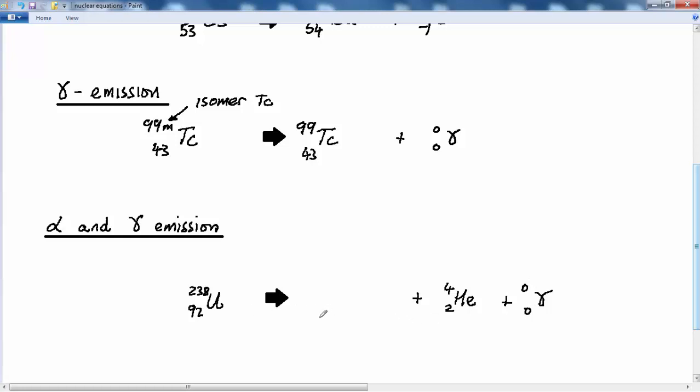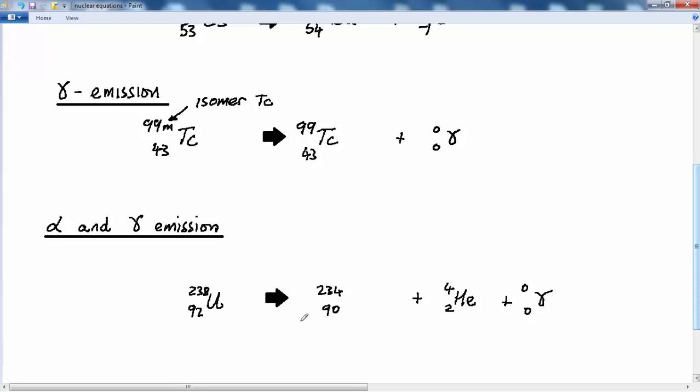So again, we've got to make sure all of these numbers add up. So we're going to take from 238, we're going to subtract 4. That's going to give us 234. And from 92, we're going to subtract 2, which is going to give us 90. So this number, this atomic number, identifies the new element, not the top one, the bottom one. We look at that. Clearly what's happened is we've gone down 2 steps in the periodic table.